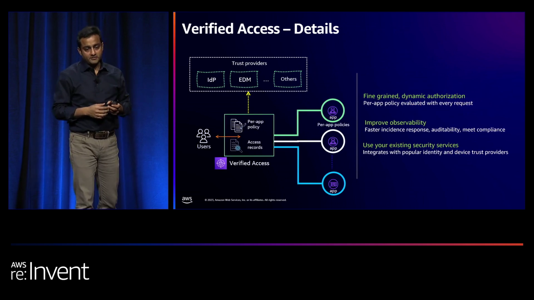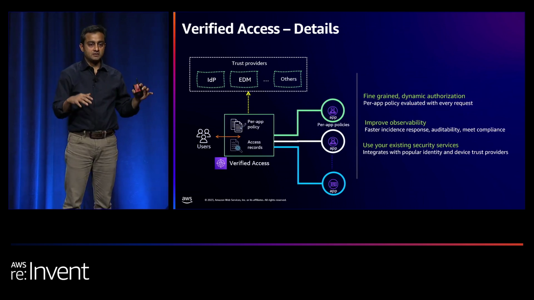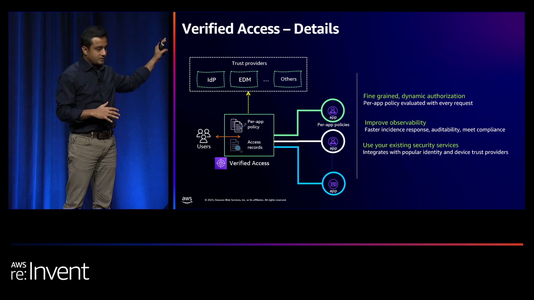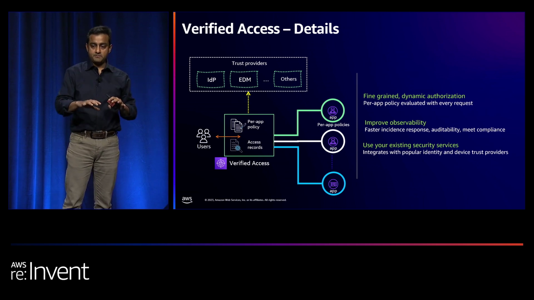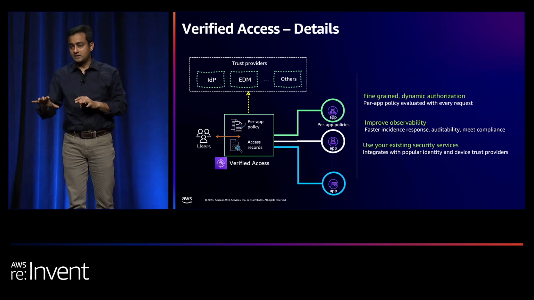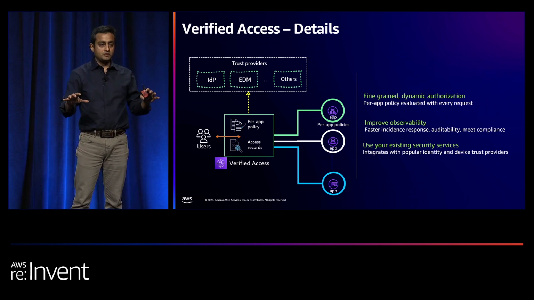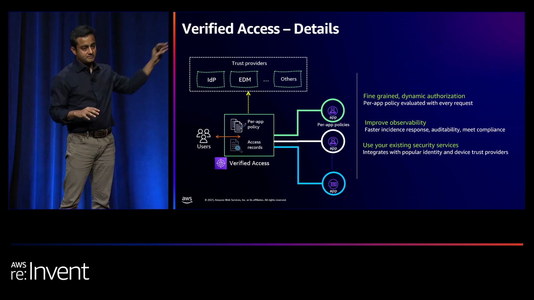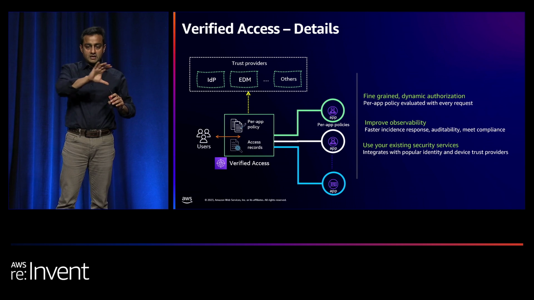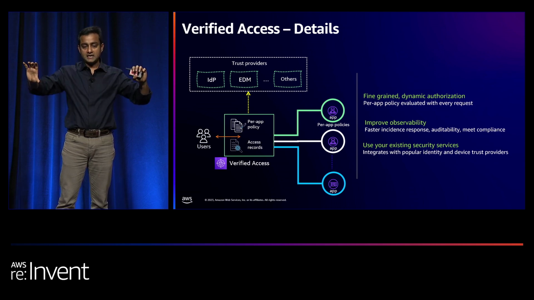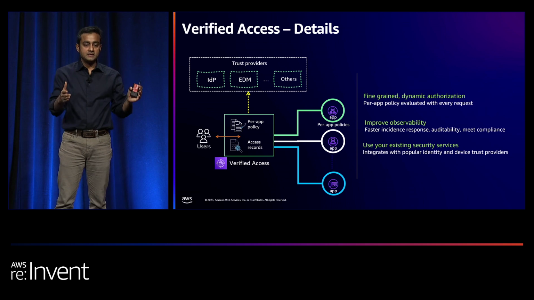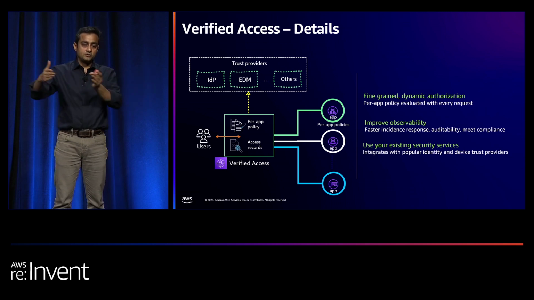Zooming in on Verified Access, what happens is that the moment your users open their laptop and type the web domain name of the application in their browser, all HTTP requests come to this Verified Access gateway. Here we allow you to write policies, and we pull data from third-party providers, identity and device posture. With that data, with your policies, we decide whether the user can connect to the application.